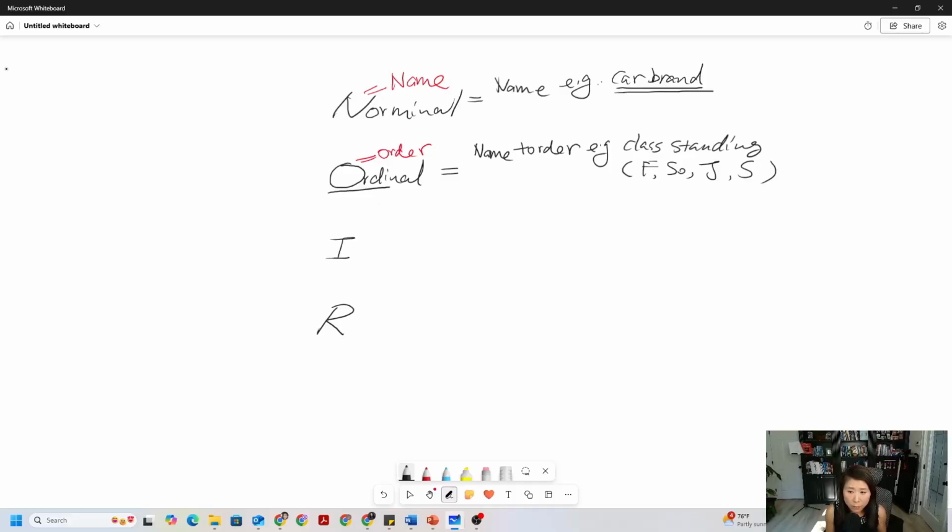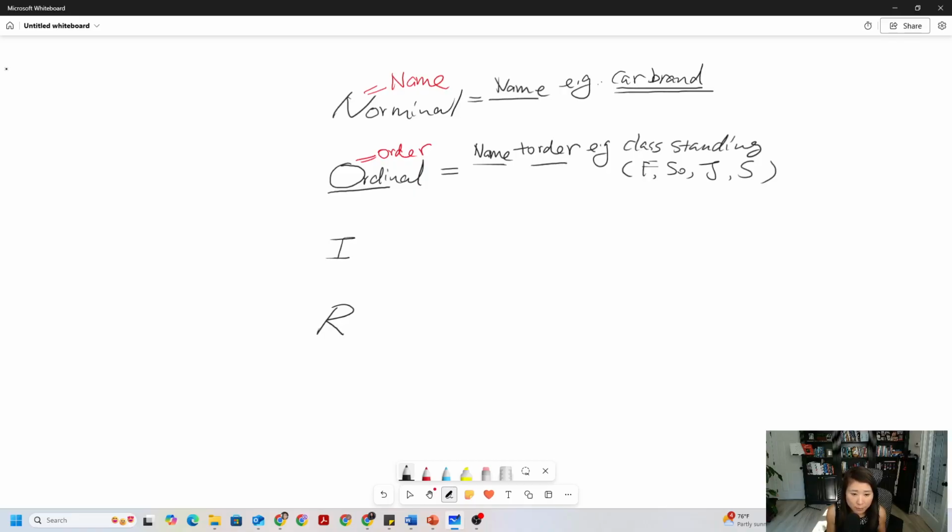Therefore, when we use the level of measurement to measure class standing, we use the ordinal scale because we care not only about the name of each category, but also about the order. Later I can give you more examples. So from the beginning, the name, to now, name and order.